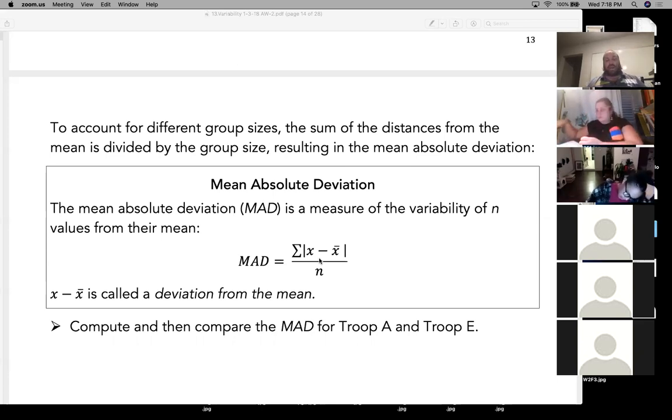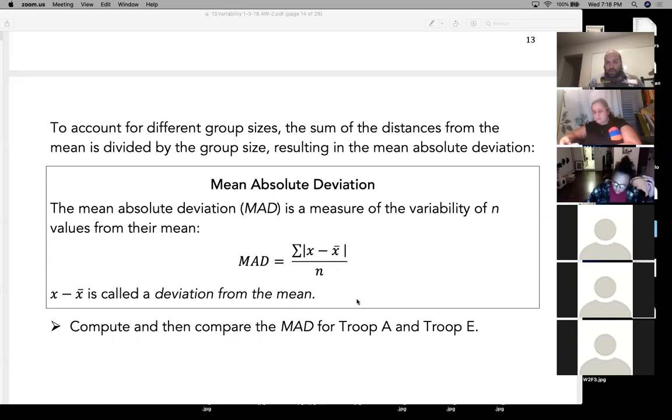It's how far away I am. That's all that matters. Each one is 1 away, whether it's to the left or to the right. I add up all those positive numbers, and therefore it's a total of 40 divided by 40, and I get 1.